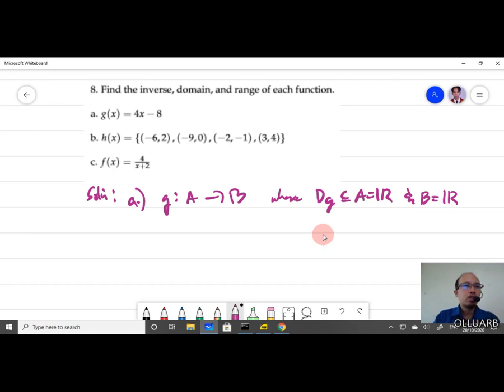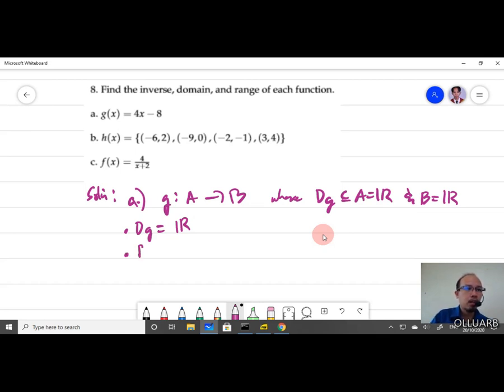Okay, so this is obvious. The domain of the function, this is a linear function, so therefore the domain is the set of real numbers, and as you can see here, there's no variable in the denominator also.